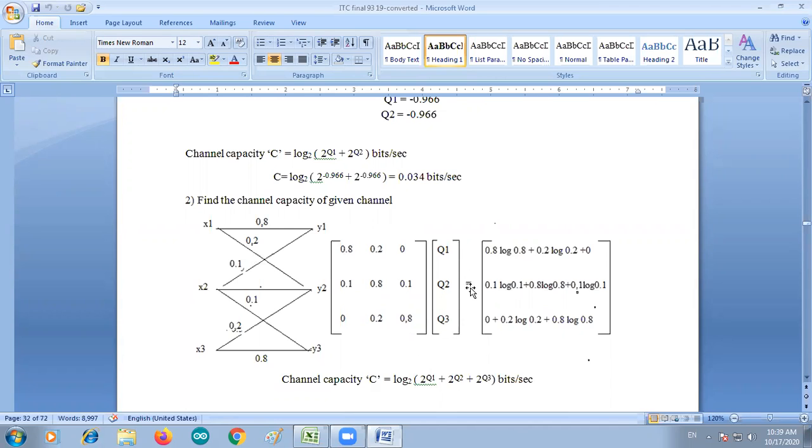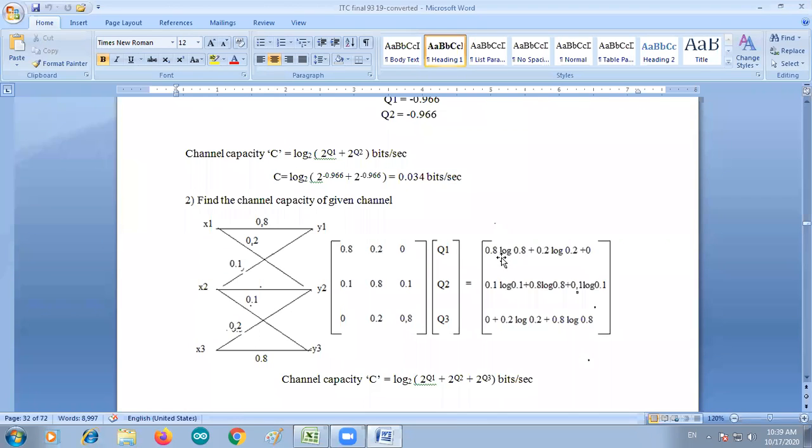This multiplication is equal to 0.8 log 0.8 plus 0.2 log 0.2 plus 0 for the first row.